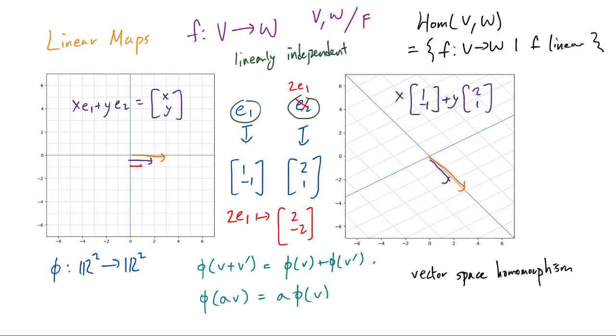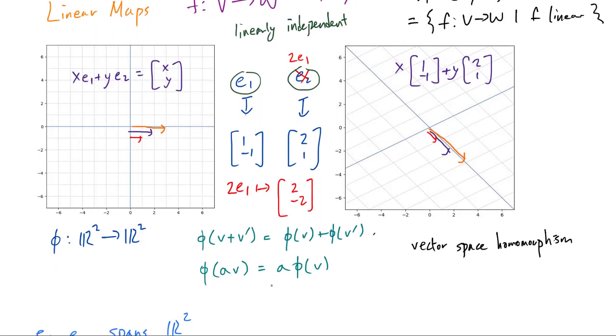And when it gets even shorter, then we're getting sent to here. And you should see, at least for R2, that when we map a 0 vector, then we should probably get a 0 vector. And of course, this follows just from the axioms. So you can just check that, for example, phi of 0 times v should be 0 times phi of v. And 0 times a vector should be a 0 vector. And here you have phi of 0.